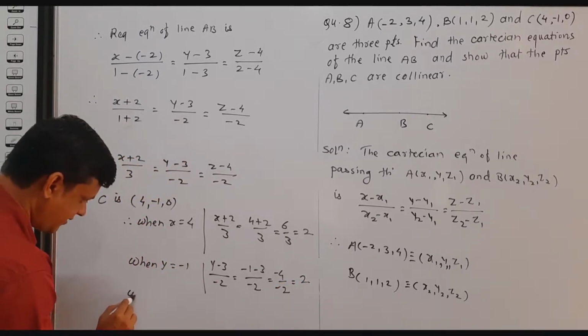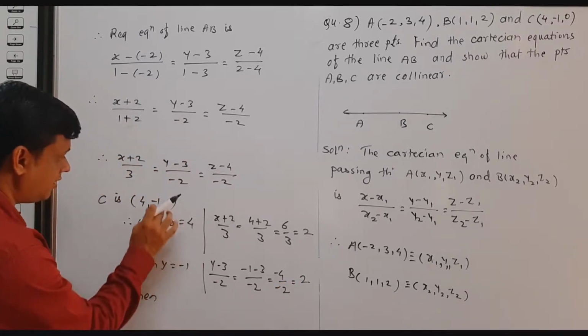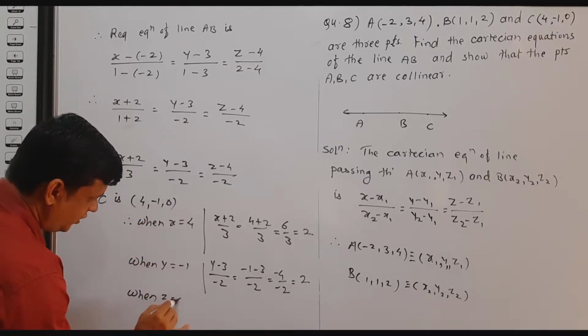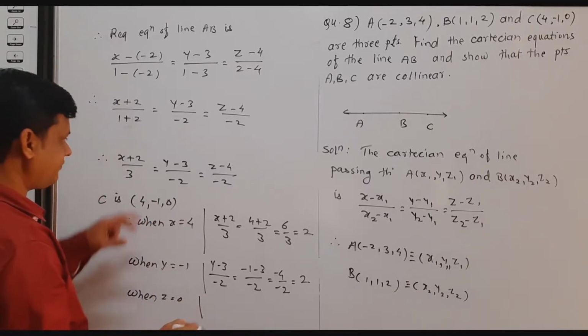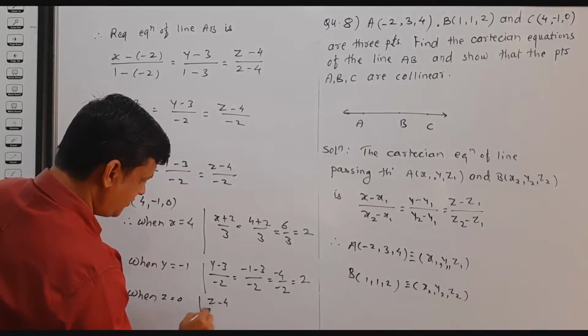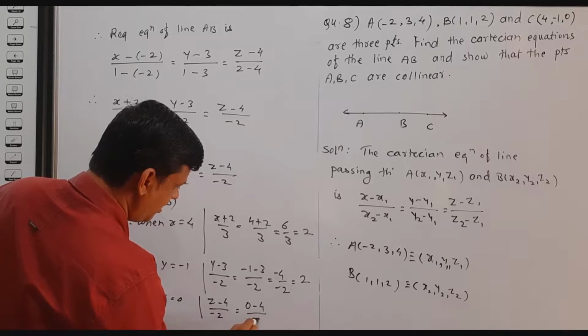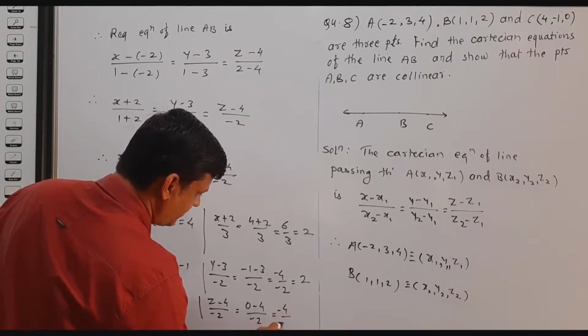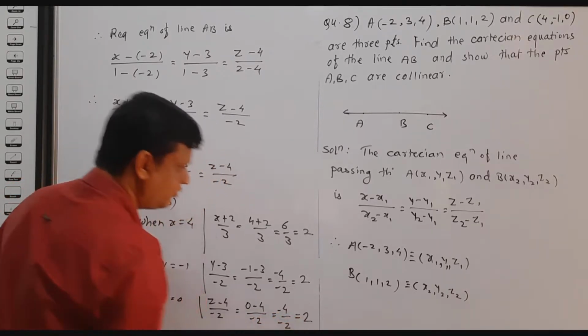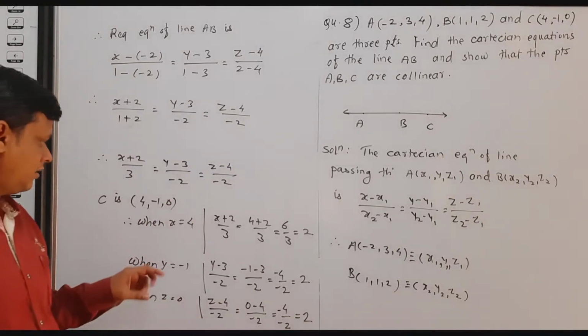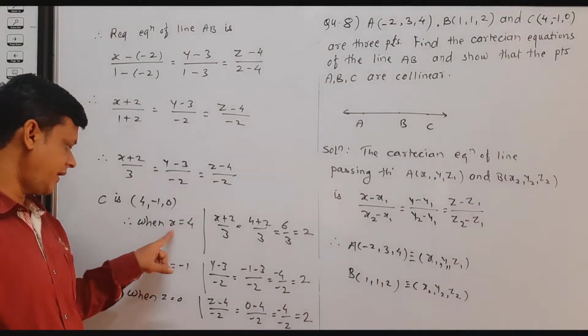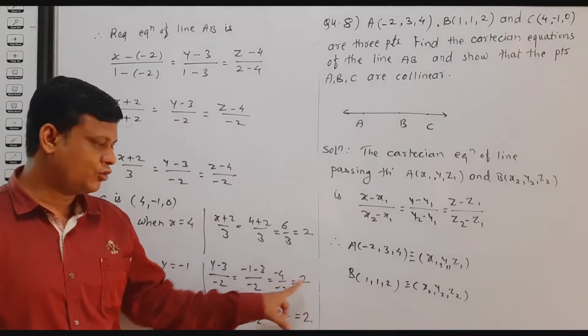And when z is equal to 0, from (z minus 4) upon minus 2 we get (0 minus 4) upon minus 2, which is -4 upon -2, equal to 2. That means for the values of x, y, z we get the value 2, 2, 2.